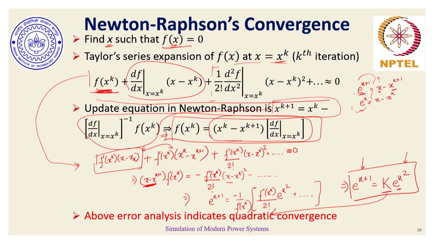So, this would indicate that if the error goes down in the current iteration, the next iteration error would go down even further. And that is why the Newton-Raphson method is said to have quadratic convergence because of this second order term, which reflects the point that the Newton-Raphson method has a faster convergence rate compared to the linear Gauss-Seidel based method.